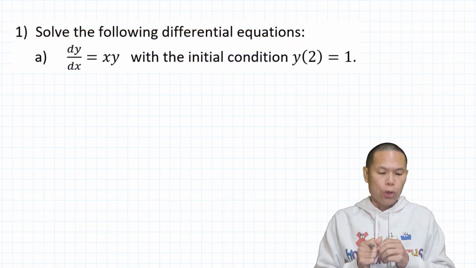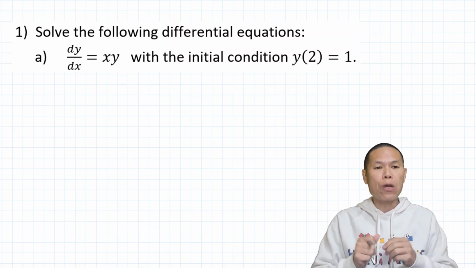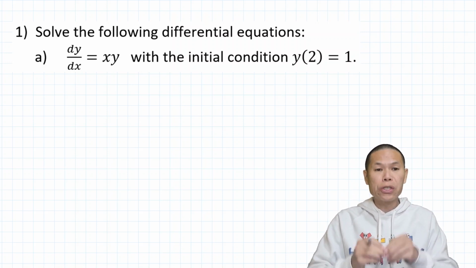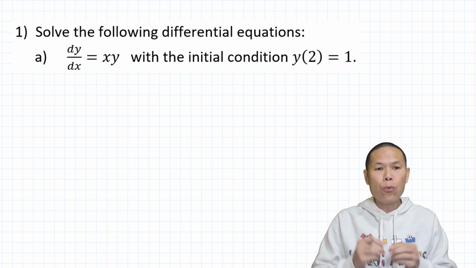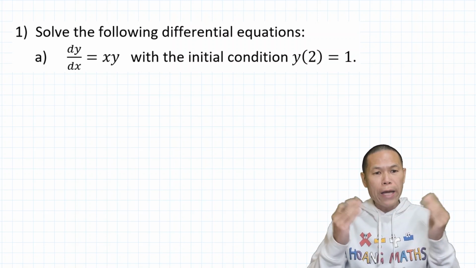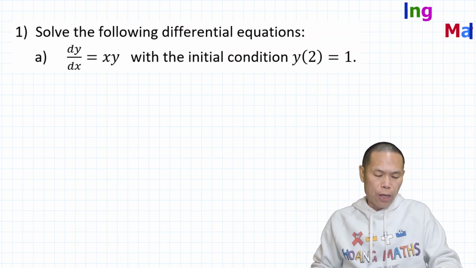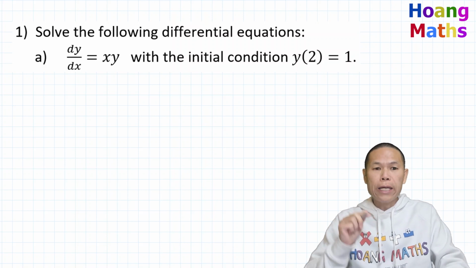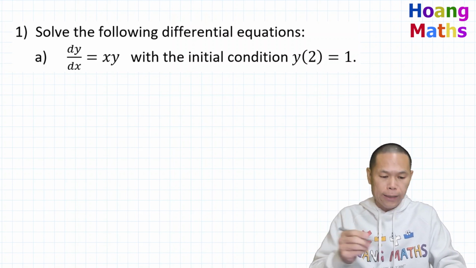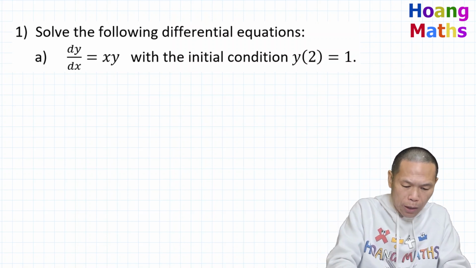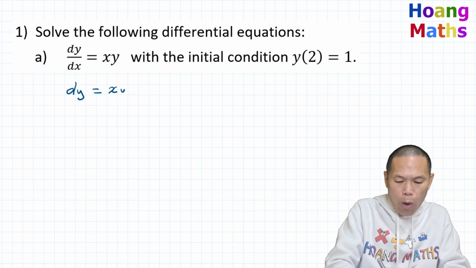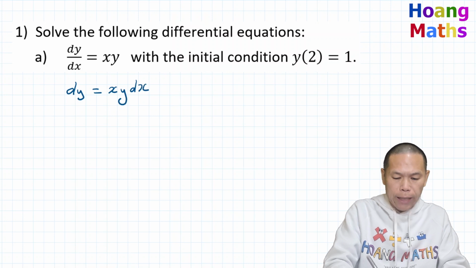First one, to solve these differential equations. Let me just separate the x's with the x and the y's with the y's first. So I multiply dx on both sides, so that becomes dy is xy dx.